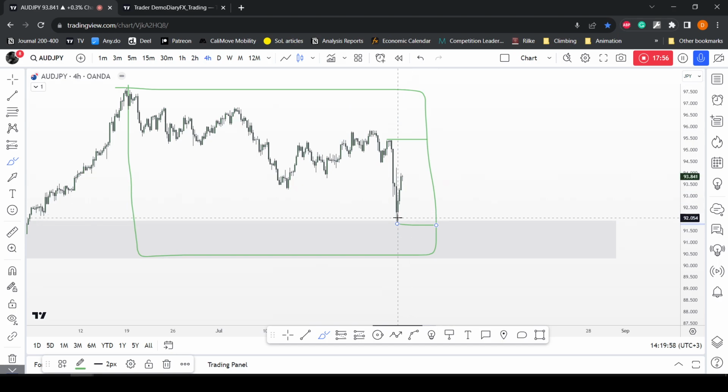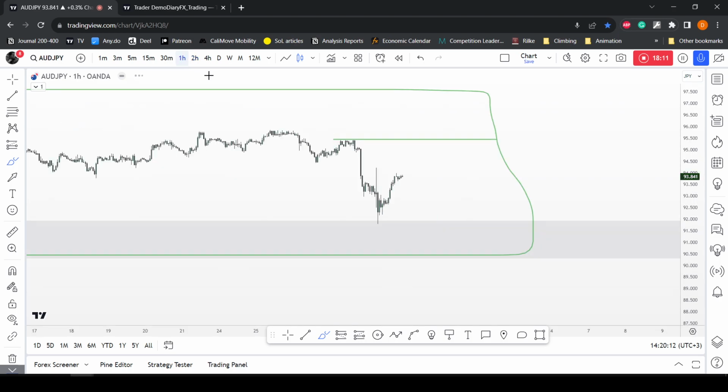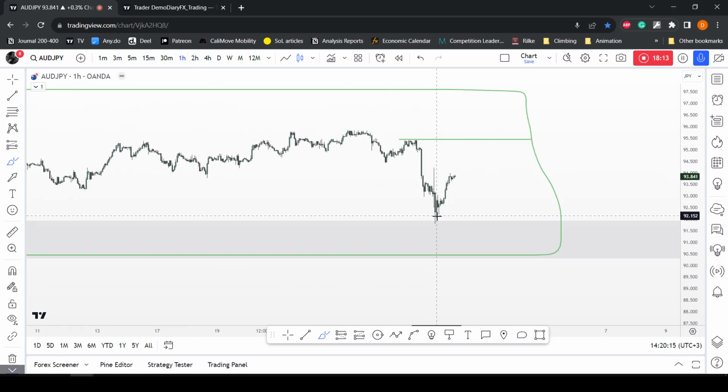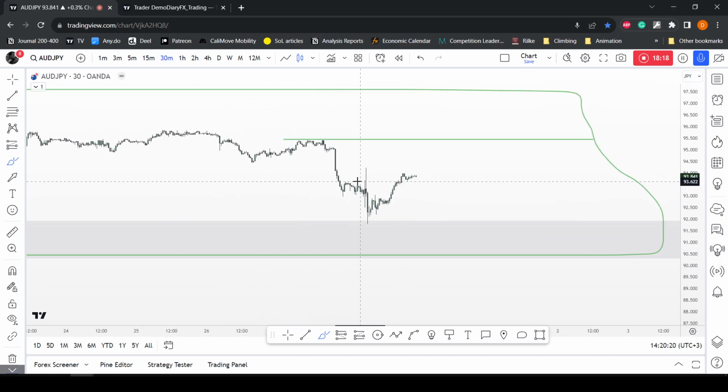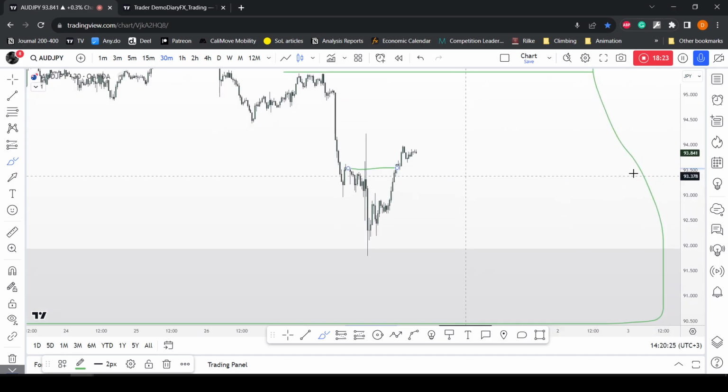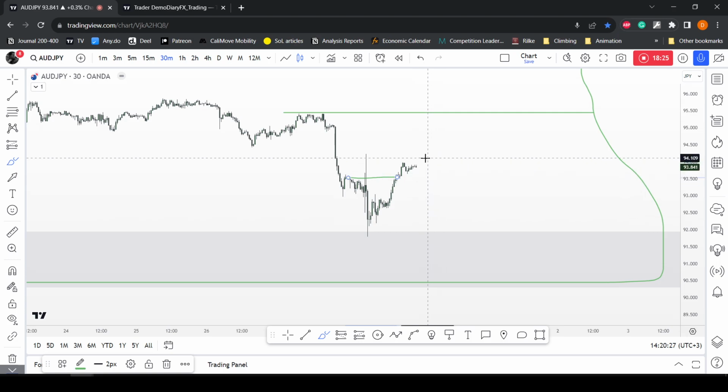So I would like to see at least maybe some internal structure shifts, because this is a relatively overextended range and we can see a development of clear internal structure, but right now based on 4 hours it's pretty bearish. 1 hour is pretty bearish as well, so only 30 minutes is showing something, but yeah.